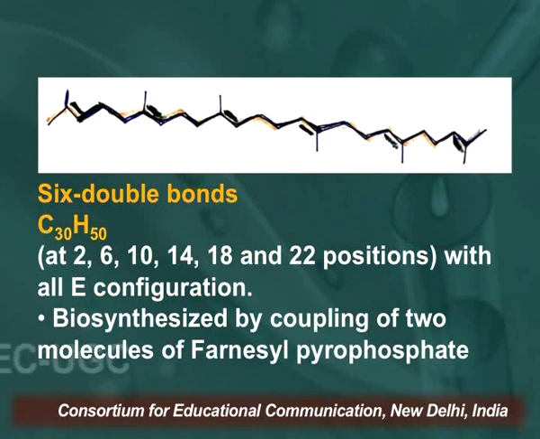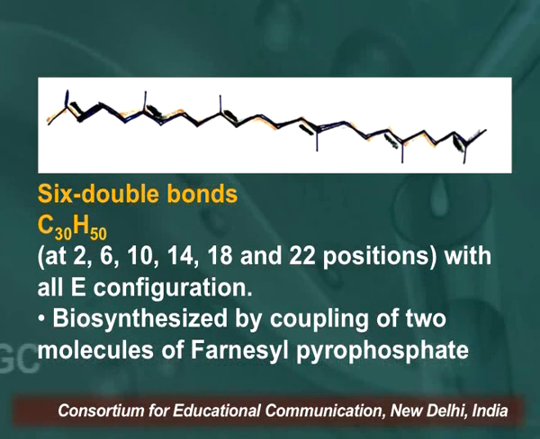You can see on your screen it has 6 isoprene units, and the molecular formula is C30H50, with double bonds at the 2, 6, 10, 14, 18, and 22 positions, all with E configurations.